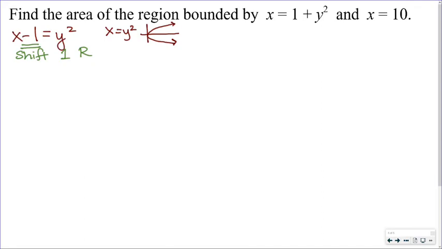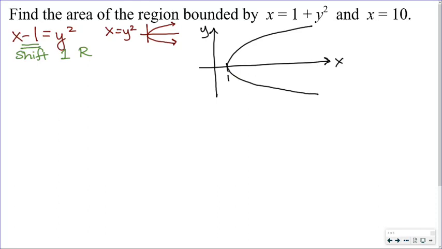And then, of course, the second curve, x equals 10, is a vertical line. So my graph looks like this. And then here is the line, x equals 10.